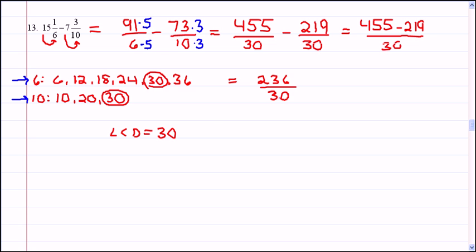This answer, though, will reduce. So I want to write the prime factorization of 236, and if I divide 236 by 2, I get 118. And if I divide 118 by 2, I get 59, which is prime, so my prime factorization for 236 is finished.